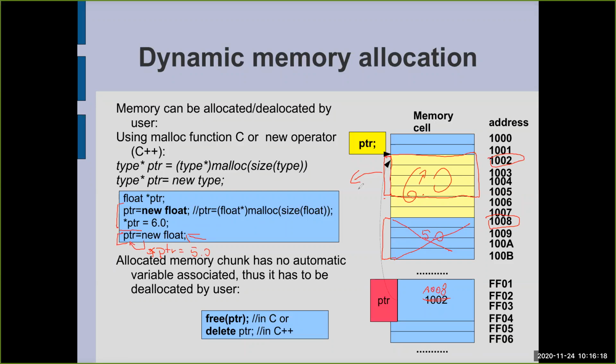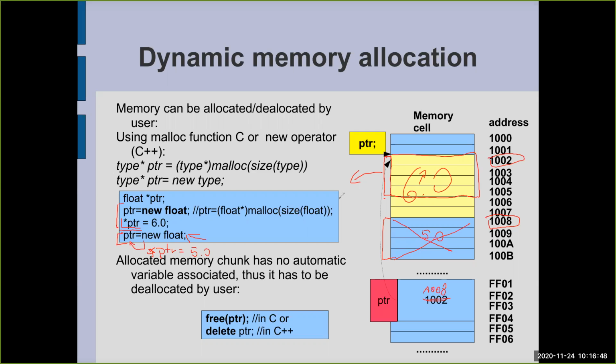But the problem is that if I lost the address of memory which was allocated, I can't release it because I don't know what should be released. So this effect is called a memory leak. And when we allocate memory dynamically, we should prevent it.